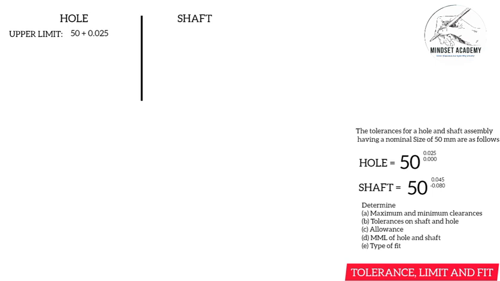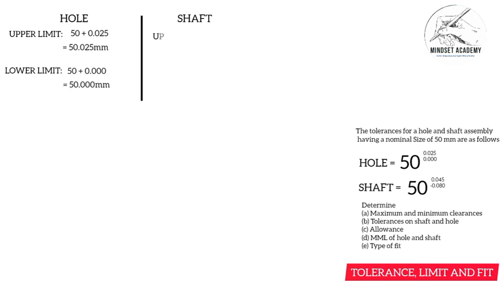That will now give us 50.025 millimeter. And the lower limit of the hole will give us 50 plus whatever is down here, 0.000, and we'll have 50.000. So we are done for the hole. We've gotten the upper limit and the lower limit of the hole.